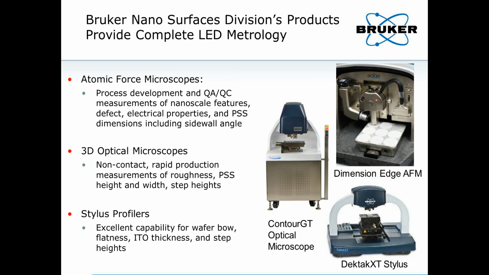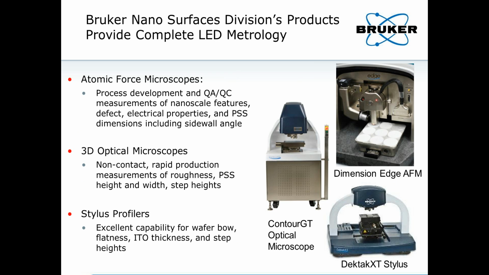So here you see a picture of this complementary suite of metrology instruments: the Dimension Edge AFM, the Contour GT 3D optical microscope, and then the DektakXT stylus profiler. These are listed in terms of methods for process development and QA/QC.